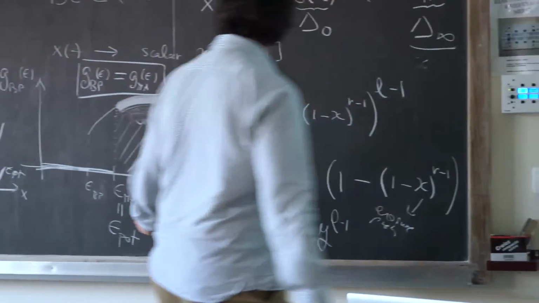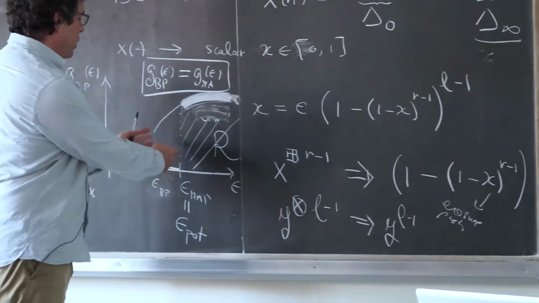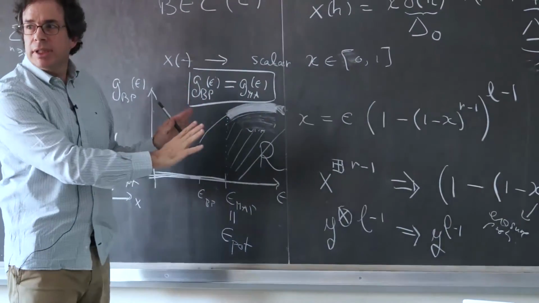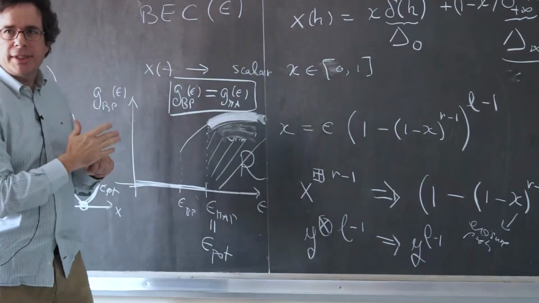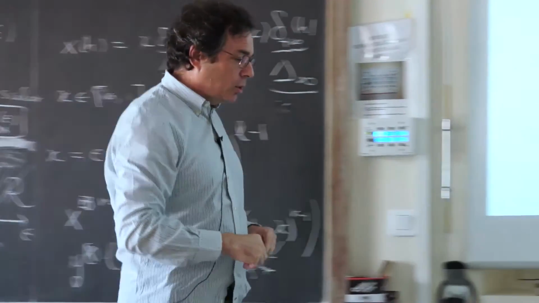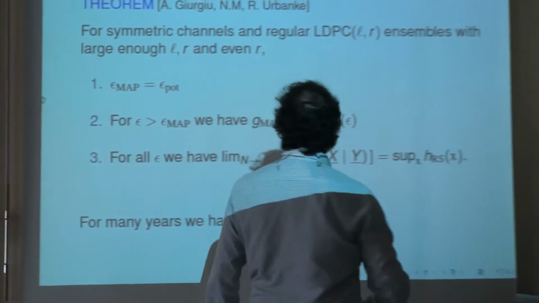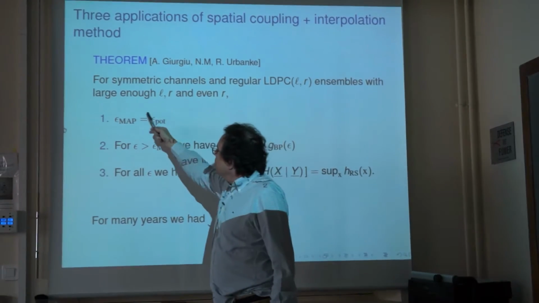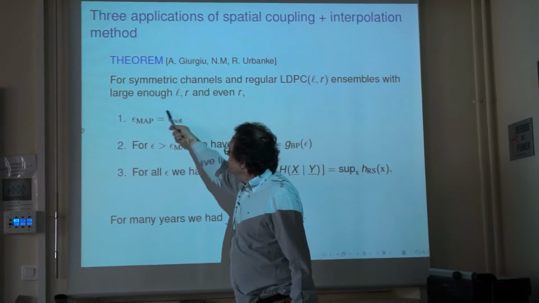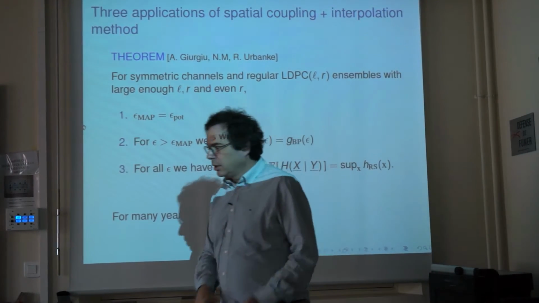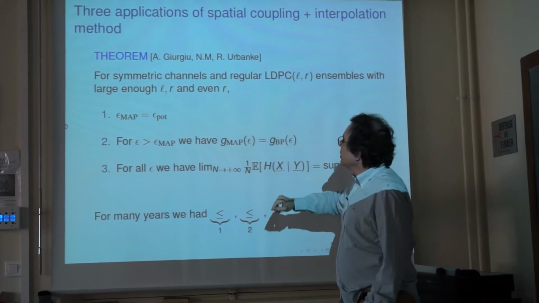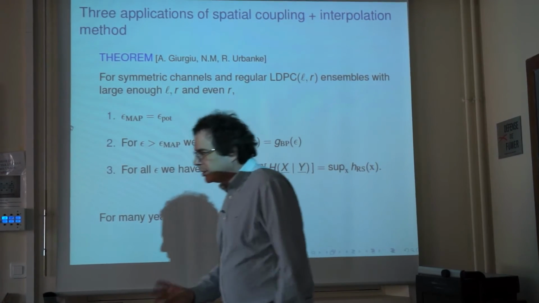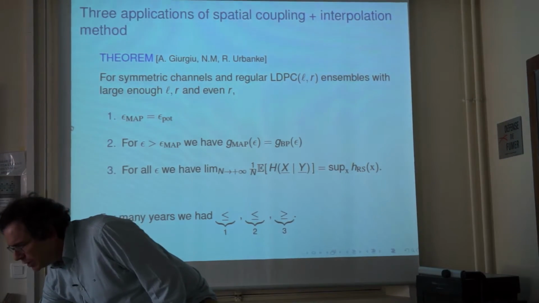If you know how to prove the first statement, then the curves are completely constrained, and you know they are equal above the MAP threshold. You also know the third statement. So, in fact, with spatial coupling combined with some interpolation methods, we prove the first statement. That's the technical contribution, and then you have to work a lot to prove the rest, but it's basically you just have to work.